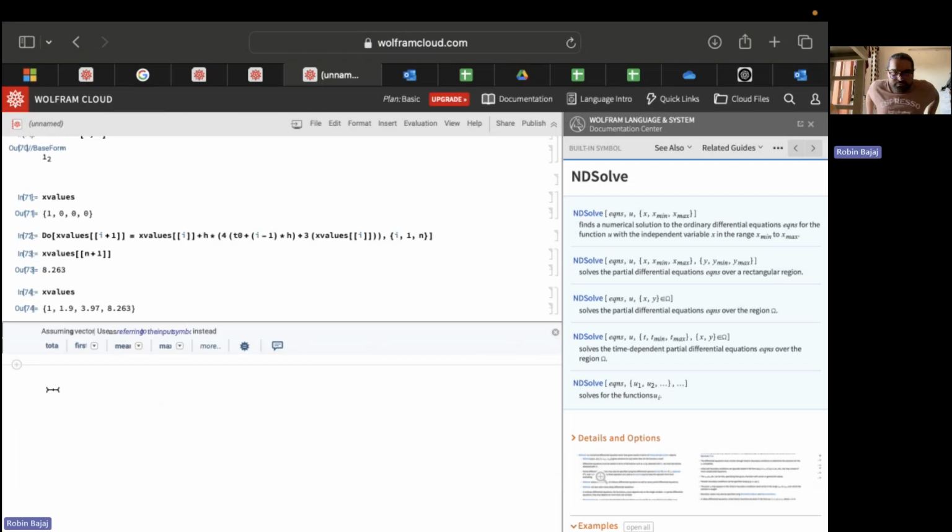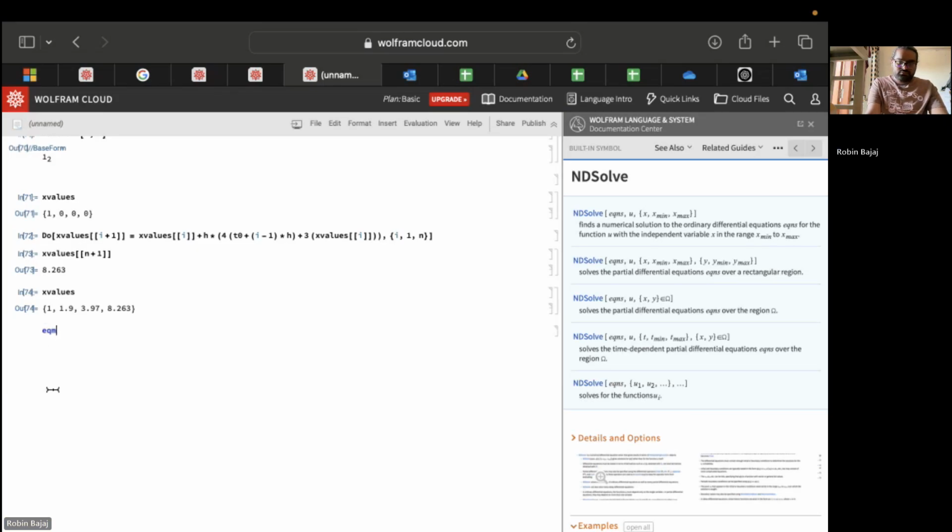So let's write the equation, theta double prime equal to minus 2, and I'll write theta again.